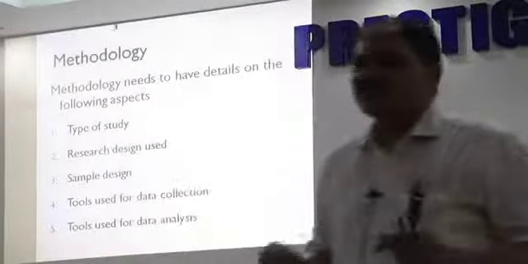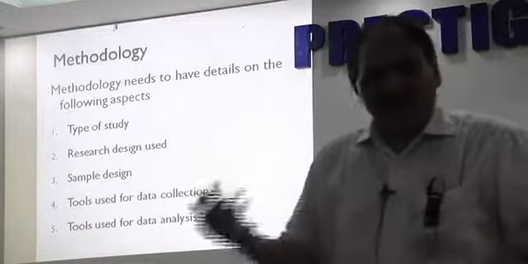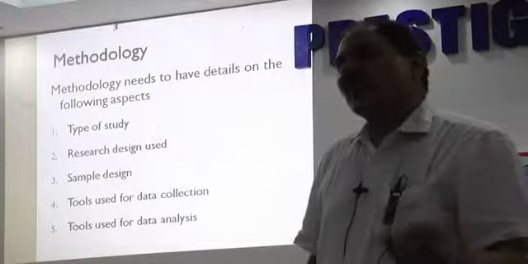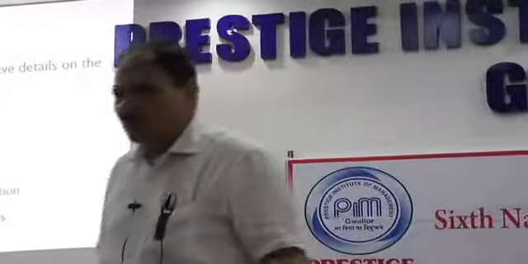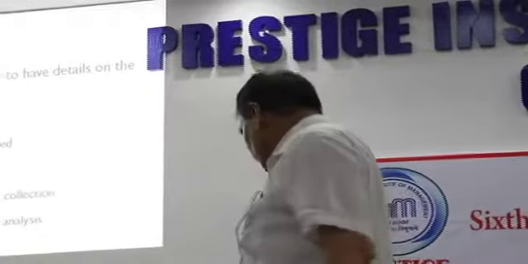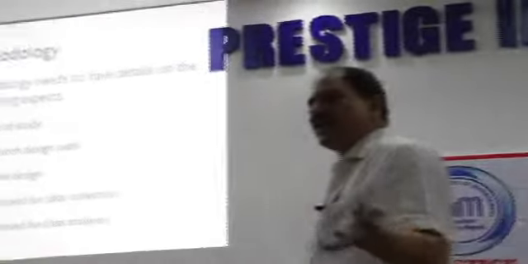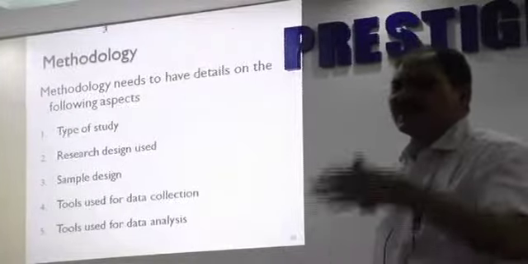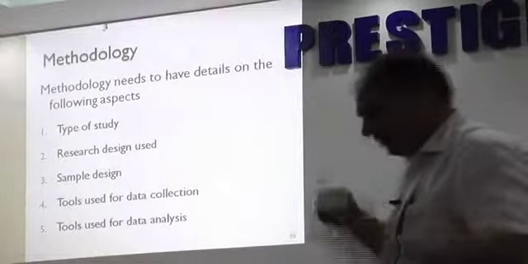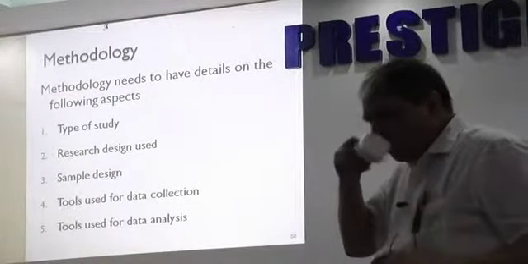This is the basic difference between the three. So whatever work you are doing, whether it falls under exploratory, descriptive, or causal, you can identify and write: the study is exploratory, or causal, or descriptive. One sentence is enough.